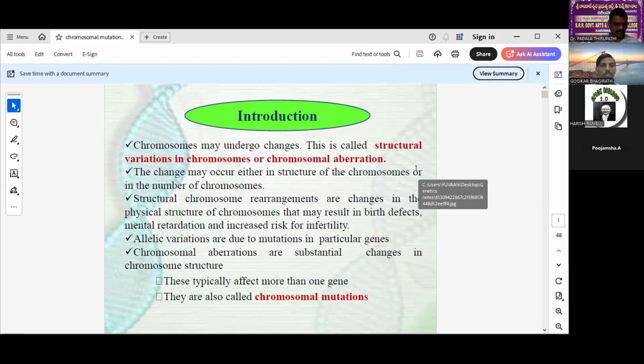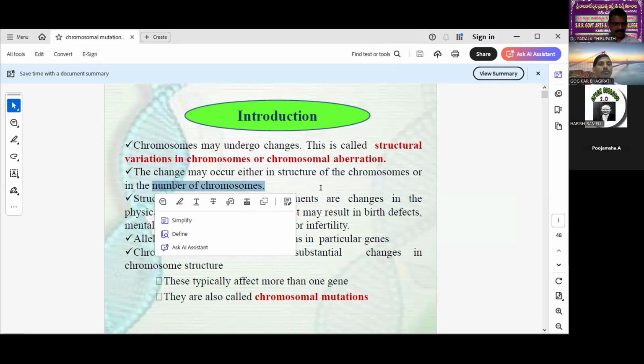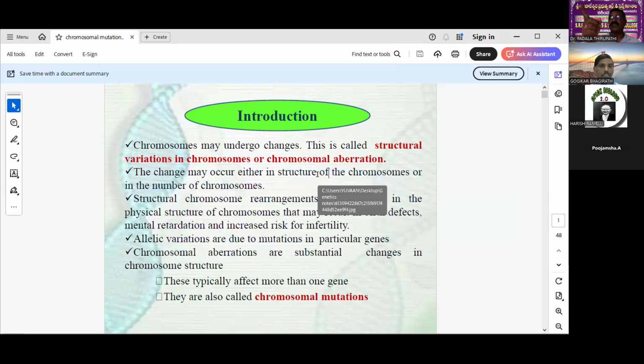Such changes we can call structural variations in chromosomes, or sometimes chromosomal aberrations. The change may occur either in the structure of the chromosome or sometimes in the number also. Structural chromosome rearrangements are changes in the physical structure of the chromosome.